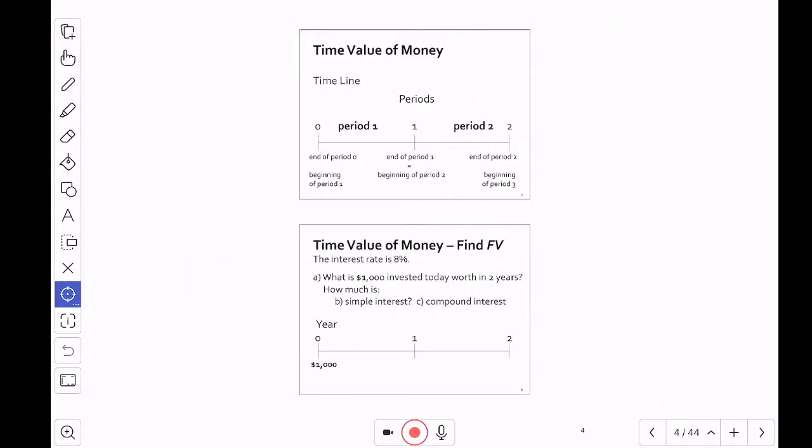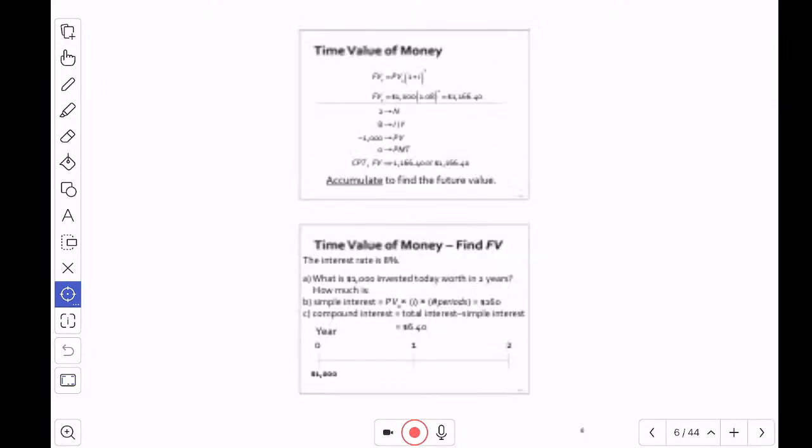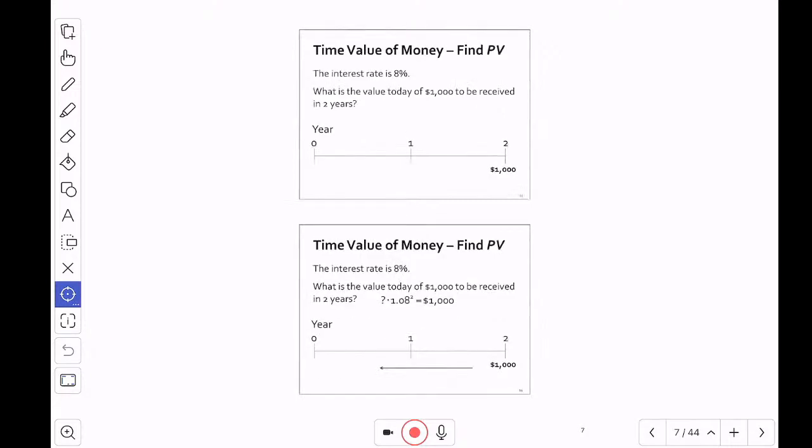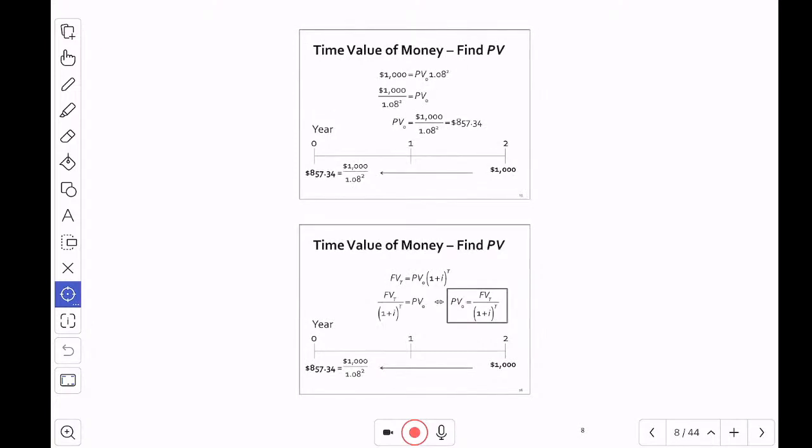So we did solve this problem here about compound interest, simple interest, and I talked about accumulating. Well, that was accumulation, and then discounting. So this is where we left off with the discounting.